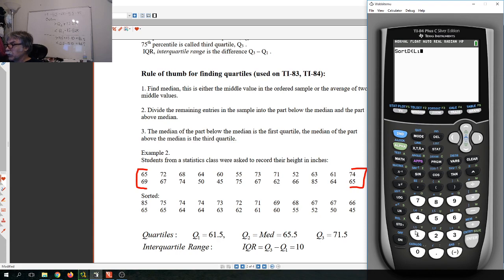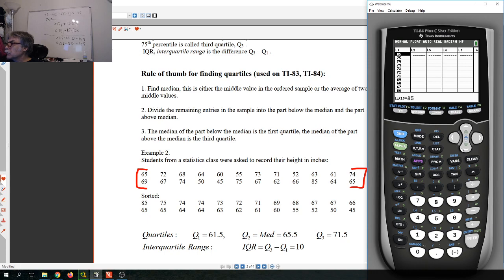Close the parentheses, or if you want to sort multiple lists, put a comma, list 2, comma, list 3, and so on. But eventually you have to close the parentheses and press enter, and your calculator will report that the data has been sorted, which you can check by pressing statistics again. Press edit, and you can see here now the data is sorted the same way I have it on the paper here. 85, 75, 74, and on.